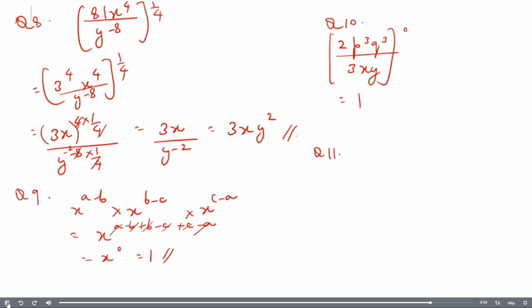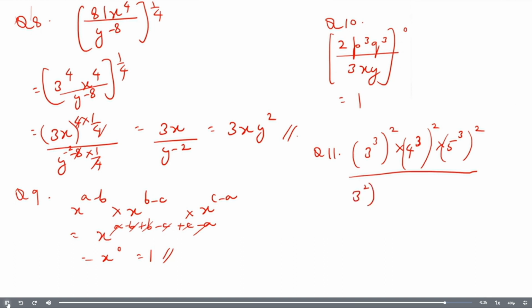Then next question. (3 to the power 3) whole to the power 2 into (4 cube) whole to the power 2 into (5 cube) whole to the power 2, whole divided by (3 square) whole to the power 3 into (4 square) whole to the power 3 into (5 square) whole to the power 3.